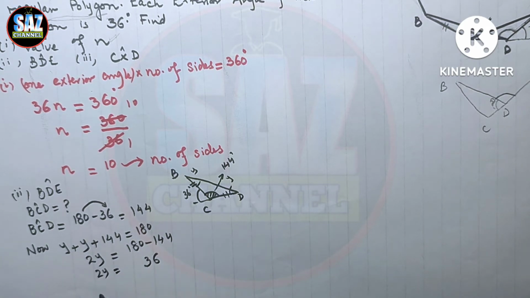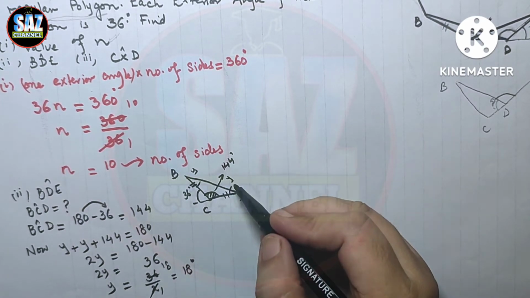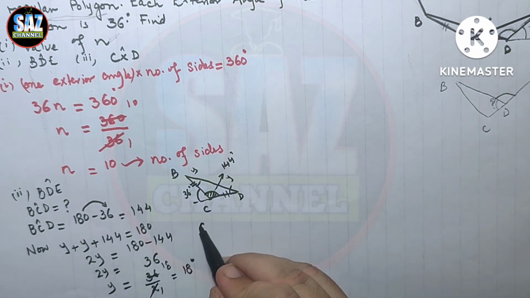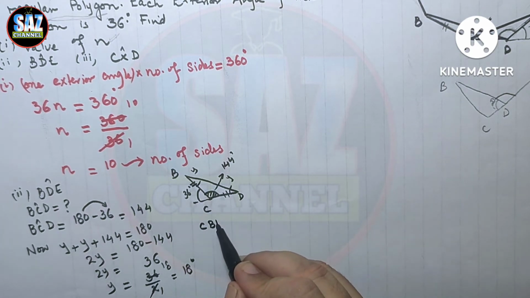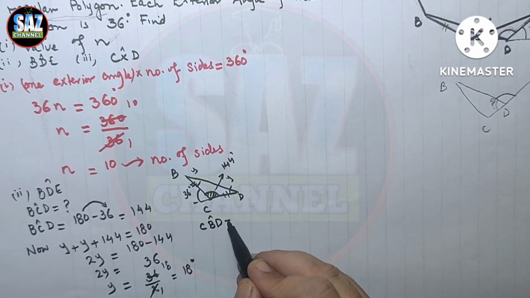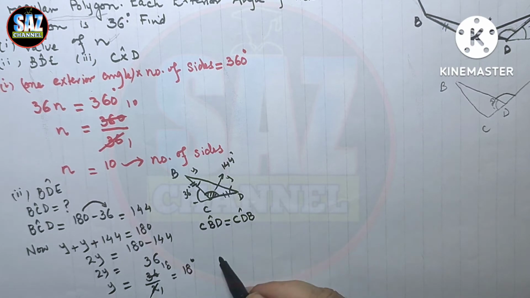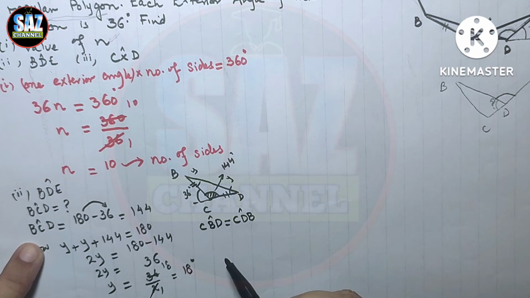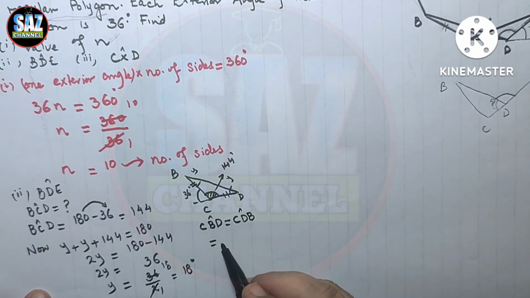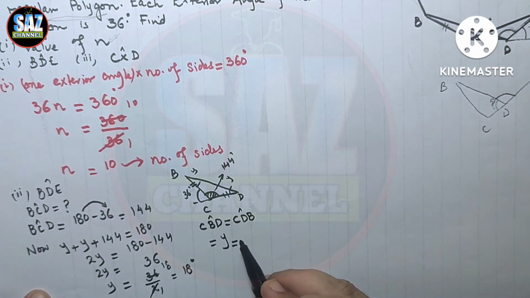Then y is 36 divided by 2, so y is 18 degrees. So it means angle CBD, or CDB, is equal to y, which is equal to 18 degrees.